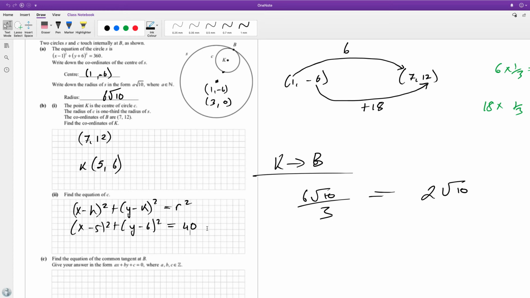So get the slope from here to here, and then the slope will be perpendicular because the tangent always runs at 90 degrees if it touches one spot, and your point is B, which is 7. Slope is 3, so flip it: minus 1/3.